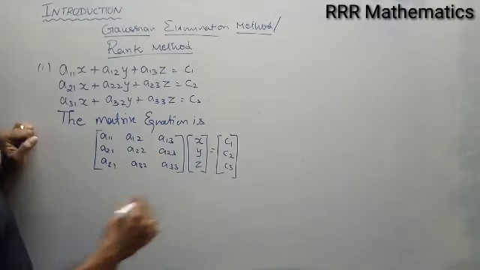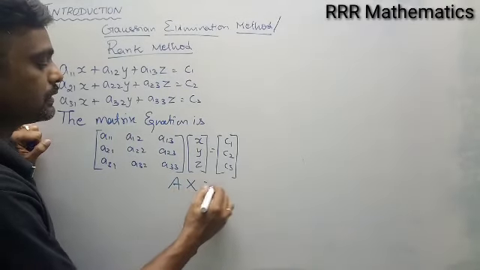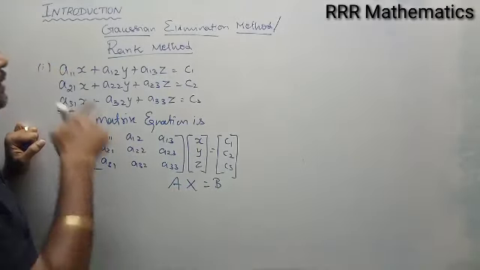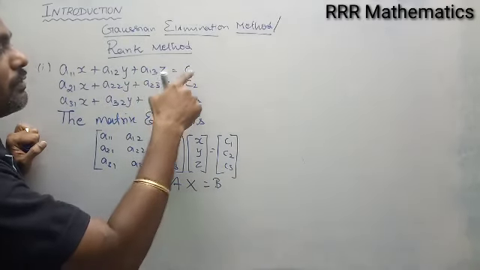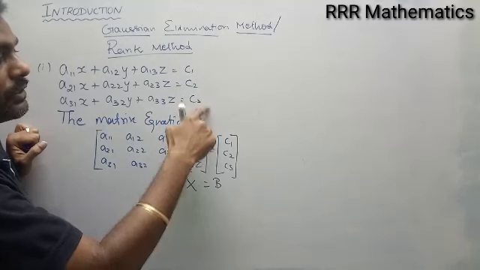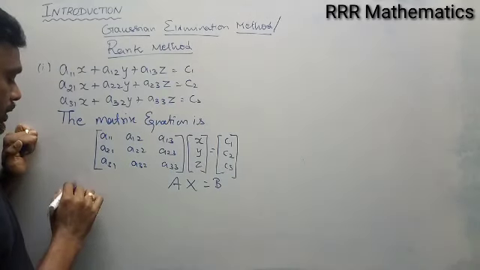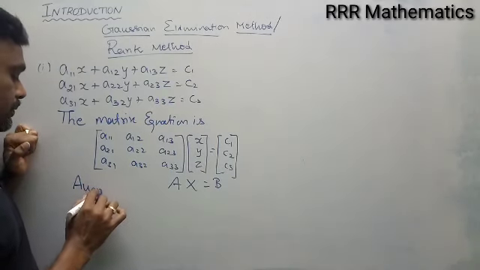This is your matrix equation Ax = B, where A is the coefficient matrix of x, y, z, x is the variable vector, and B is the constant values appearing on the right hand side of the linear equation: c1, c2, c3.